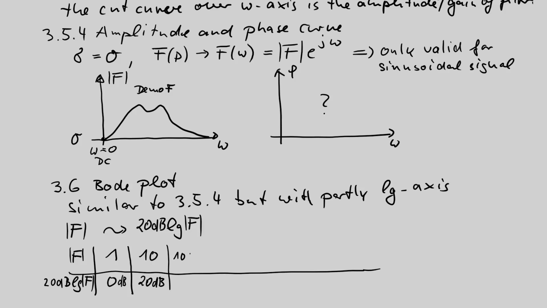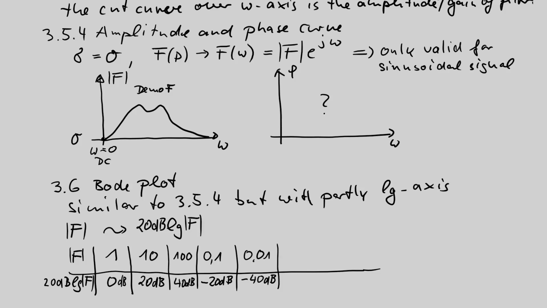The same is with 100: if I have a gain of 100, we have 40 dB. Or if we have 0.1, we have negative 20 dB. So a negative dB value means damping. Then the output amplitude is smaller than the input, and we have a stop band. The same is with 1% output of input, and this is negative 40 dB.